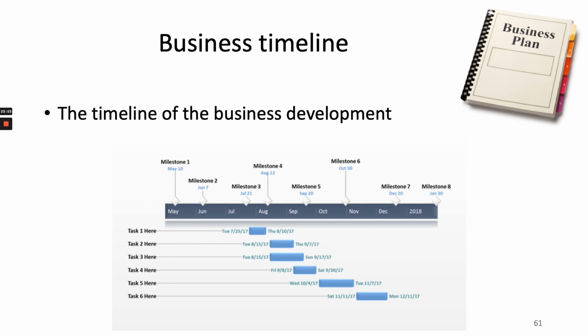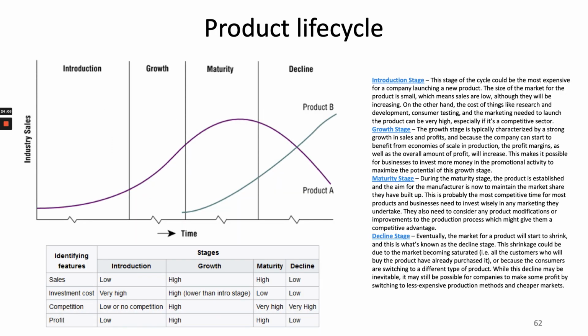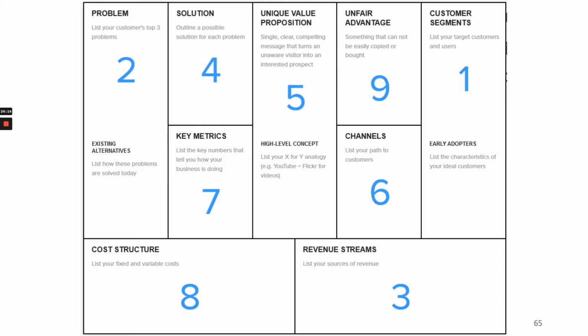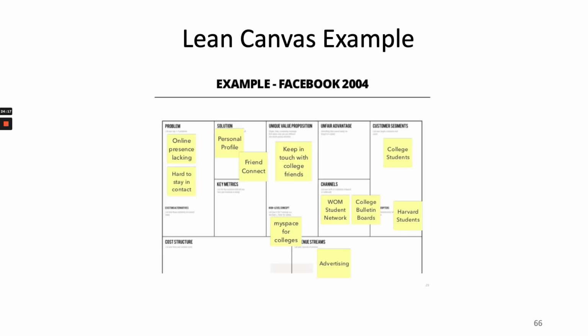And you should create some business timelines. So you define some milestones, and which activities you will do in those milestones. You should also define which product life cycle stage you are in, and so on. I also put here some additional material.